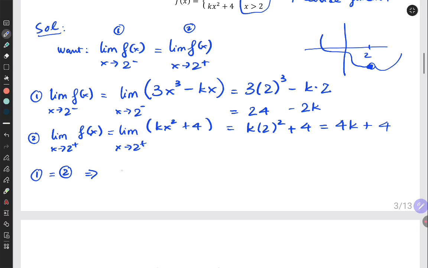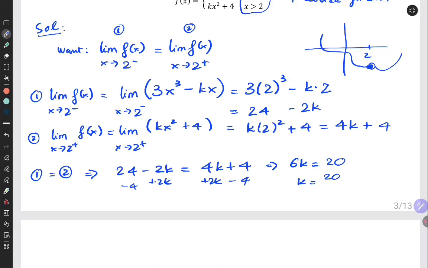One equals 2 if and only if 24 minus 2k equals 4k plus 4. You just have a basic equation in k, right? So for k, 6k equals 20, plus 2k, minus 4 plus 2k. K equals 20 over 6, which is 10 over 3.